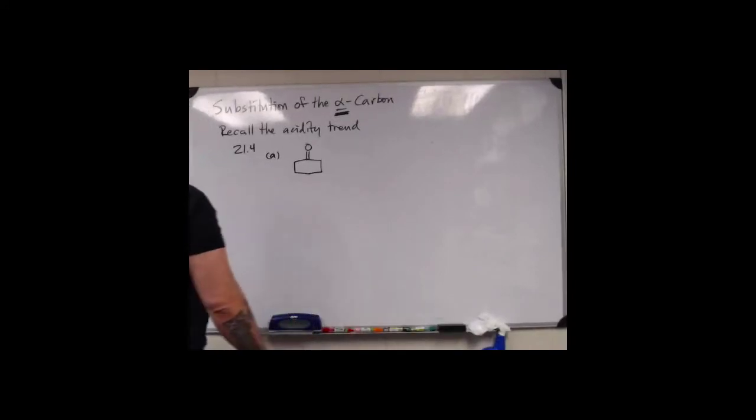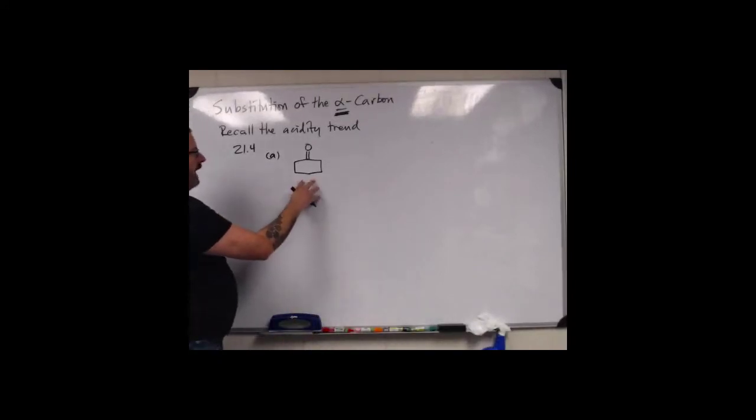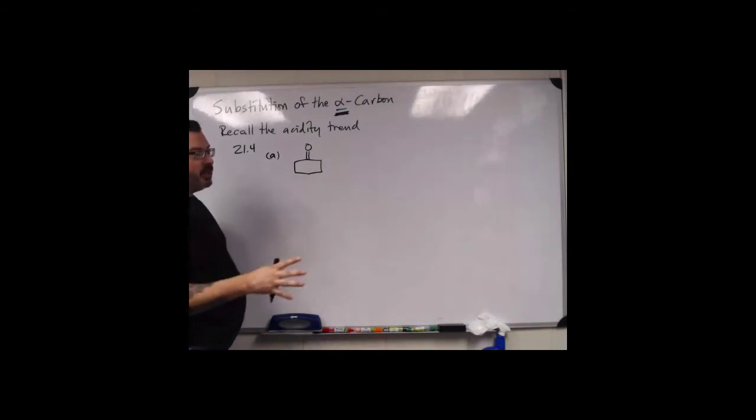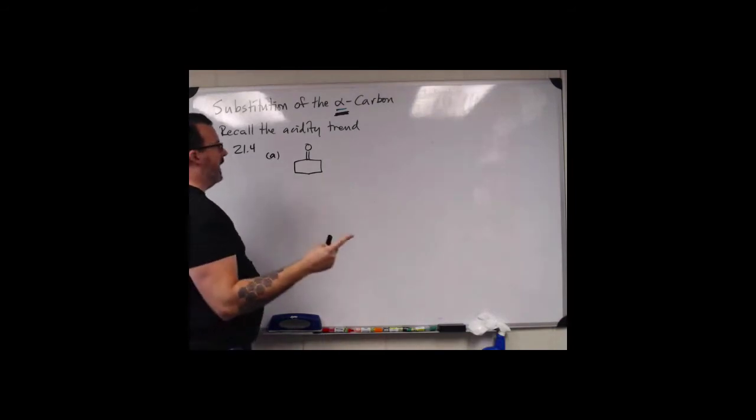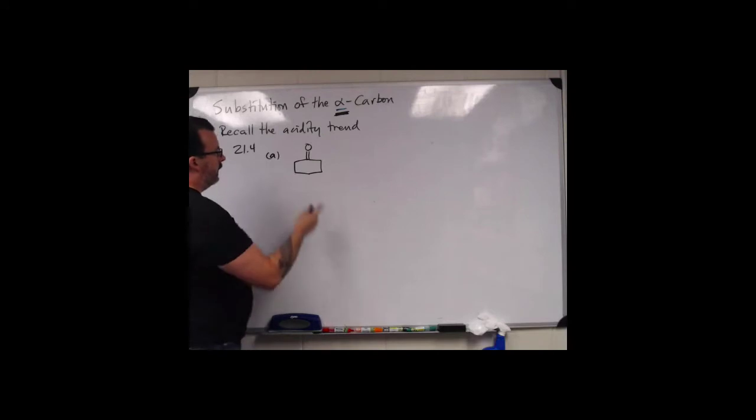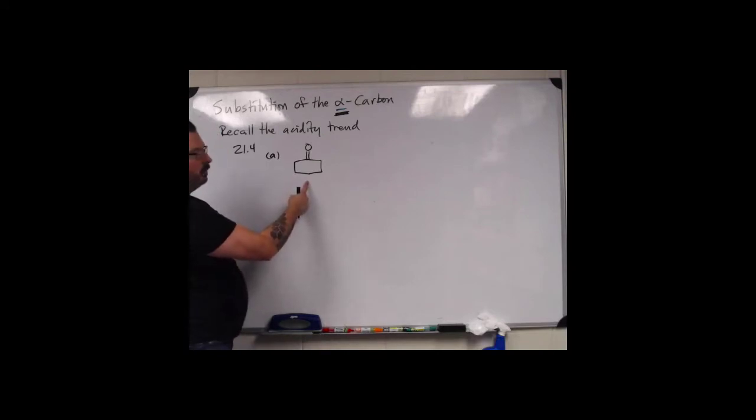So I said in the prior whiteboard that ketones were the special case that we have to consider because all the other functional groups only have 1 alpha carbon. Ketones can have 2.